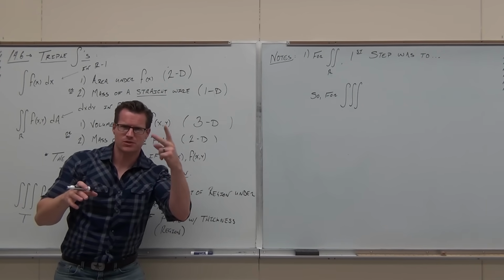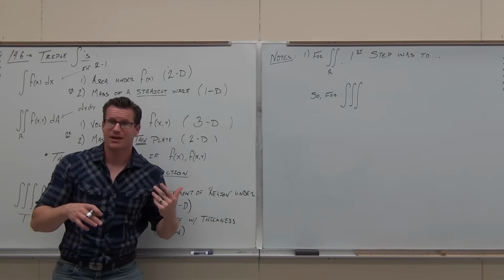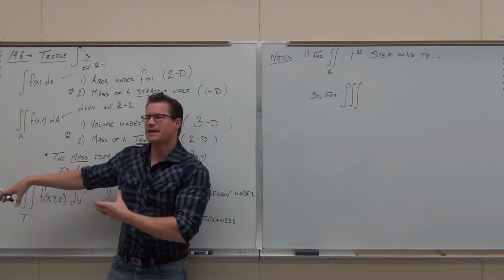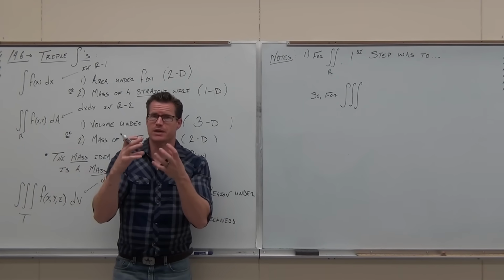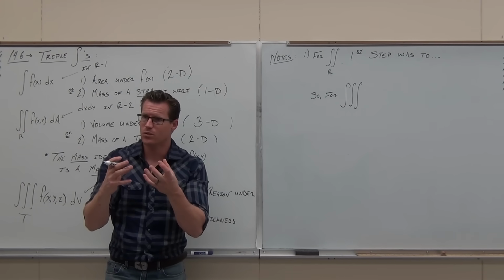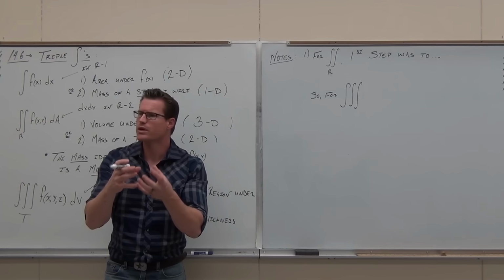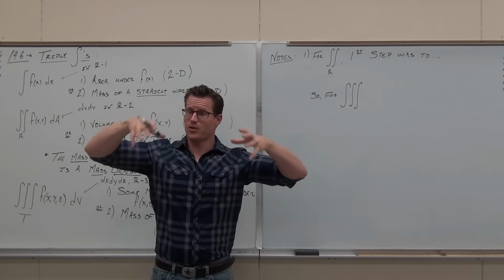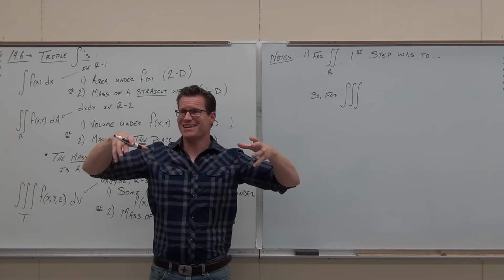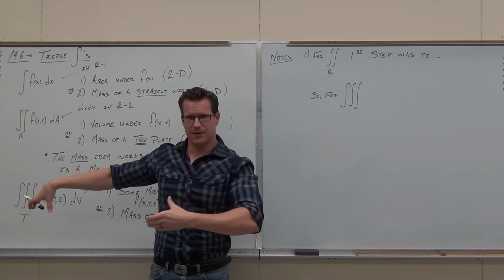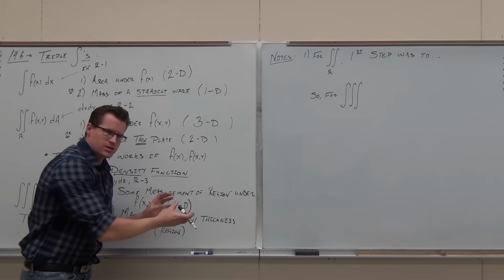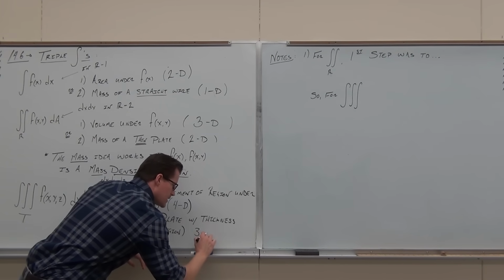Is it 1D? Is it 2D? Is it 3D? Is it 4D? It's 3D. So basically, this triple integral can represent the mass of a 3D thing. That's kind of cool. So it's something that's more real for us, rather than imagining volume under a 4D surface. You're like, I don't even know what that means. Well, if we have a triple integral, we'd also represent the mass of a plate with thickness, some sort of region, and that's a 3D concept.